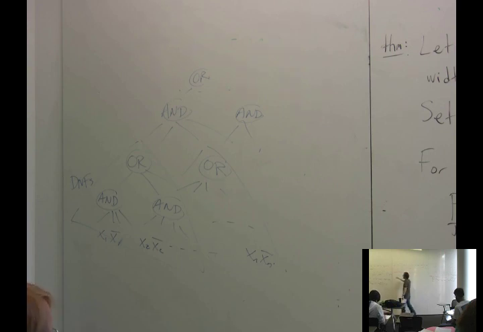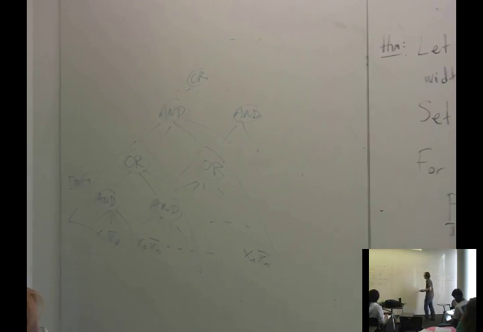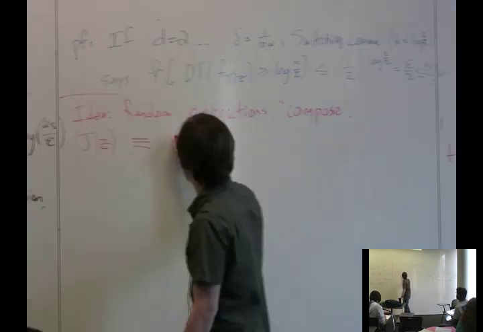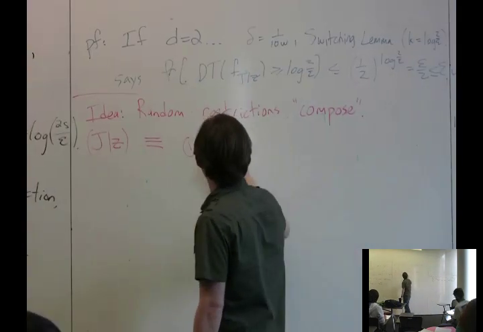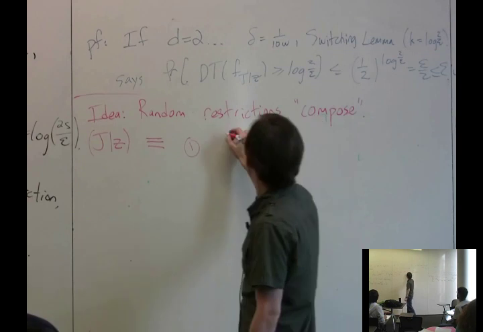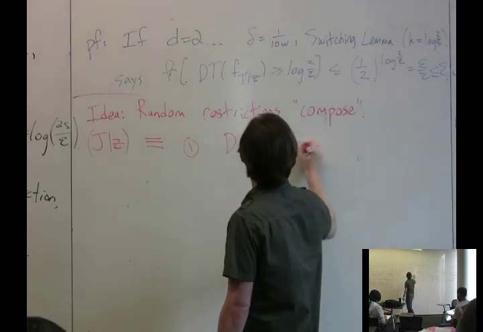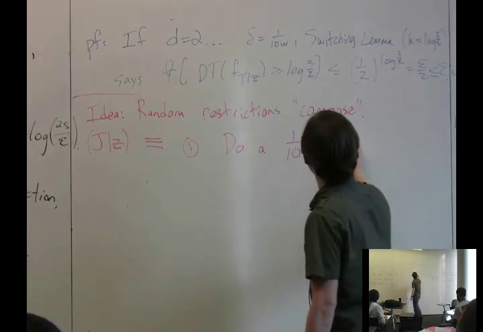We're doing a random restriction where the probability that a variable is left unset is this delta. I claim that we can do it in a multi-stage process. The choice of this final delta random restriction is like this. Do a 1 over 10W random restriction.